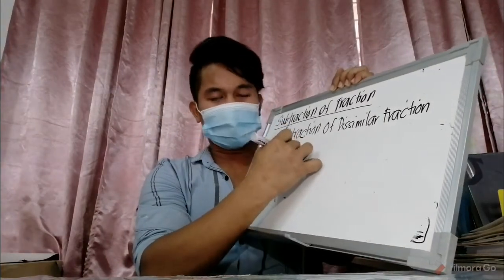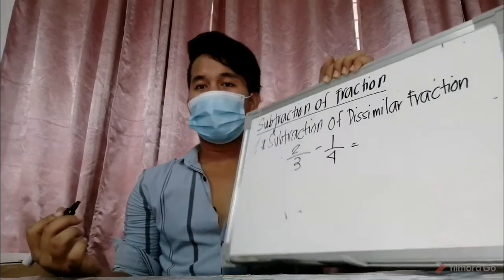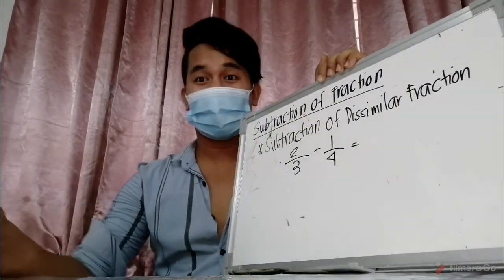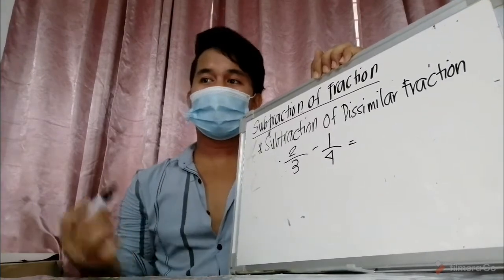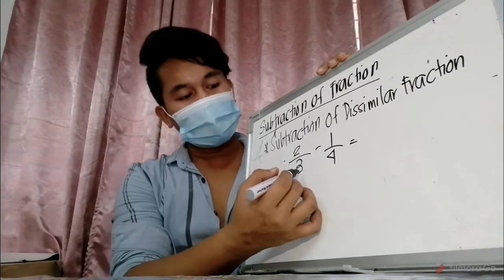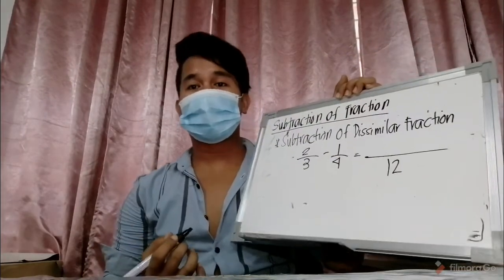For example, we have 2 over 3 minus 1 over 4. Of course, we need to find the least common denominator of our denominators. To find it, as you can see, we multiply 3 by 4. So we have 12 as the least common denominator.